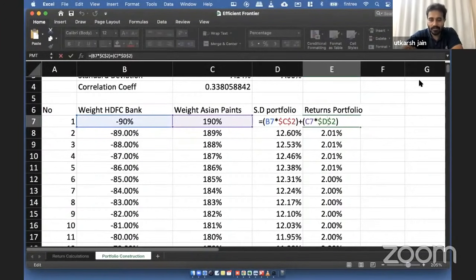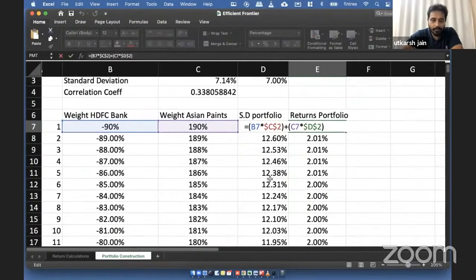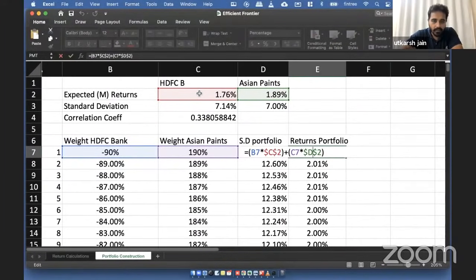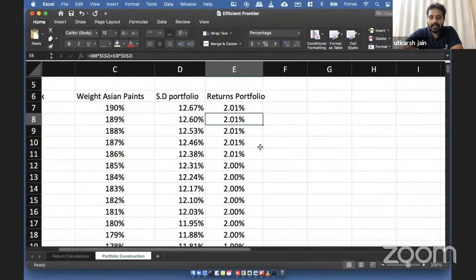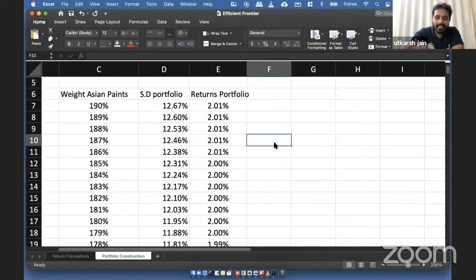Okay, I'll take you there slowly. So this is the return formula: weight into the return plus weight into the return, and just freezing the returns so that it's easier for us to copy paste. Okay. Now what I'm going to do next, and we're reaching very close to the objective of the session, I'm going to create a graph. Okay, what kind of a graph?